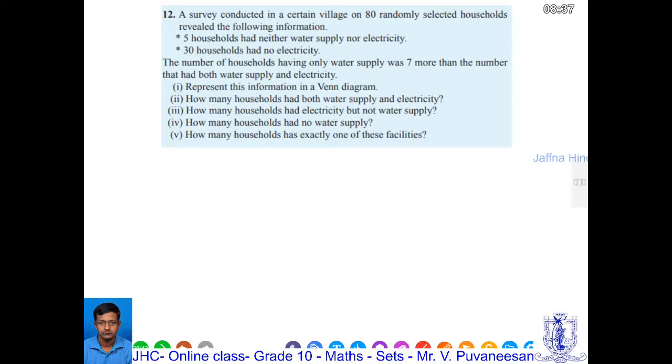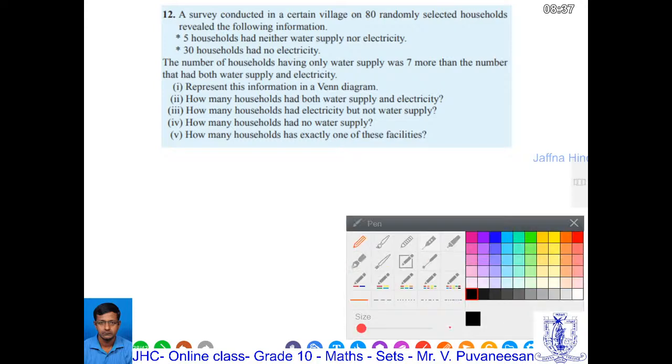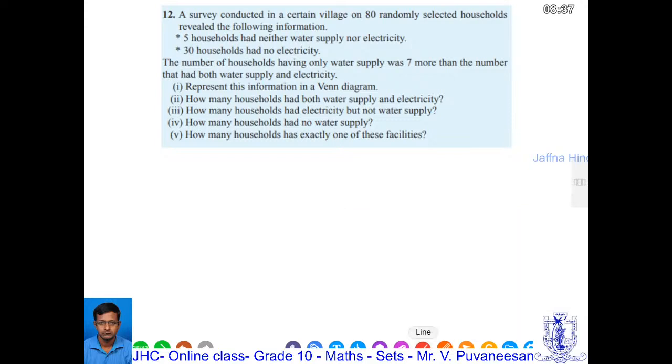First draw the Venn diagram. Here there are 2 sets. One is households that had electricity, and the other is households that had water supply.